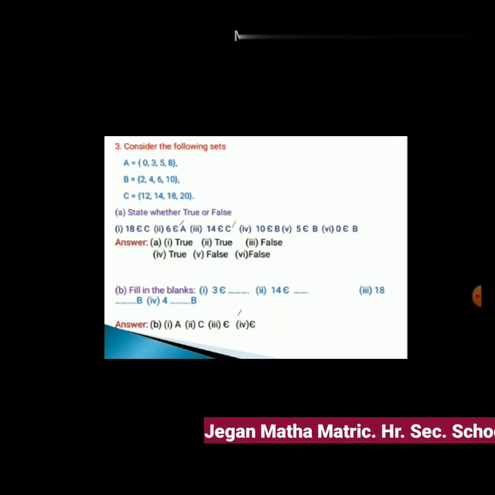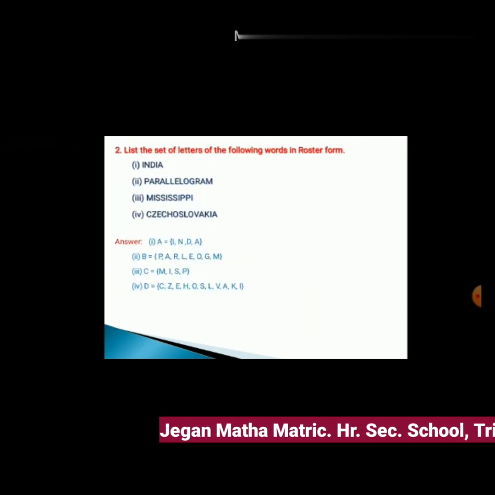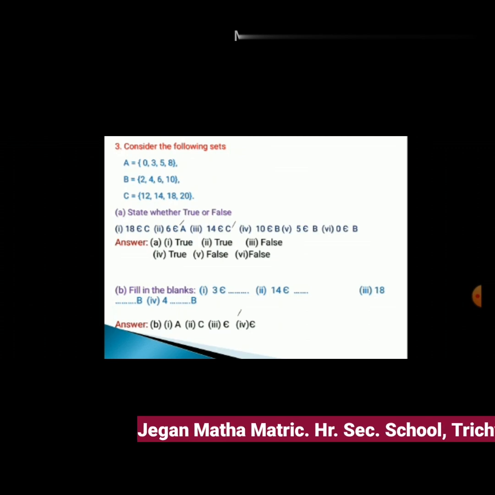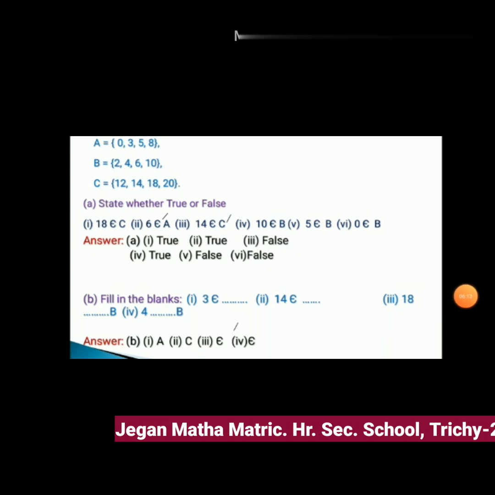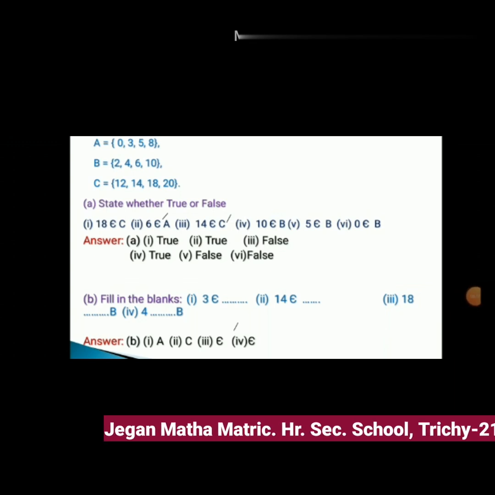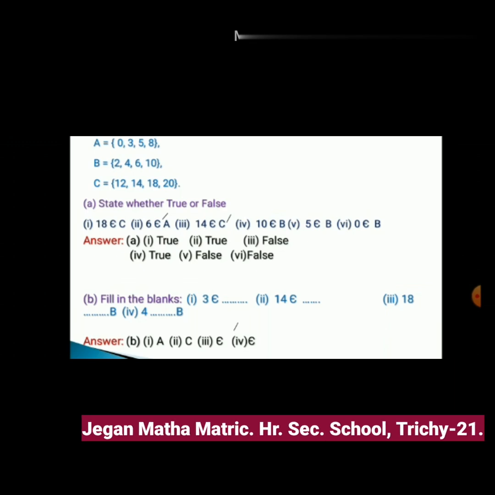In the third one, 14 does not belong to C. This statement is false because the set C contains the element 14. So this is false. In the fourth question, 10 belongs to B. So set B contains the element 10.